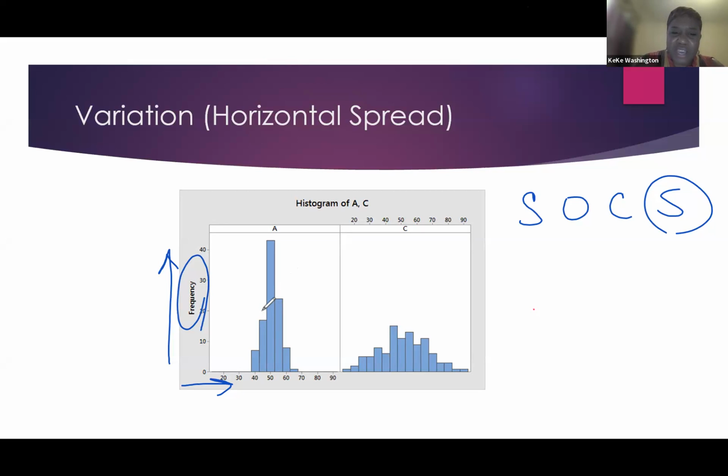If it's located around the center, then I would have a smaller spread. But if I have a lot of data that's not as close to the center, then I have a larger spread. So histogram C has a larger spread than histogram A, because in A, you can see that most of the data is close to that center where our typical value lies.